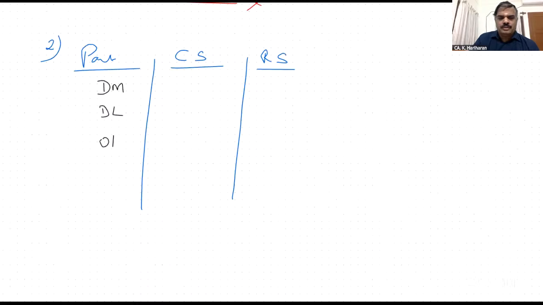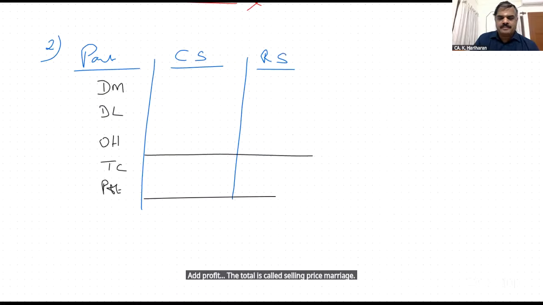Total is equal to total cost. Add profit. The total is called selling price. Am I right? Cost plus profit is equal to selling price.